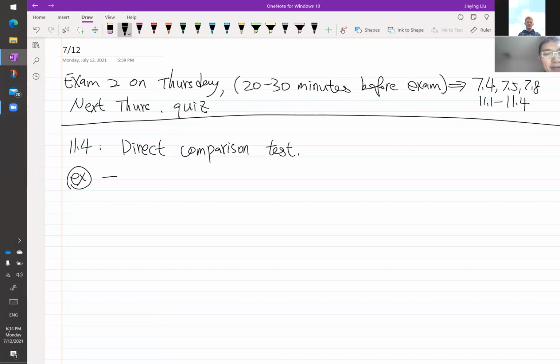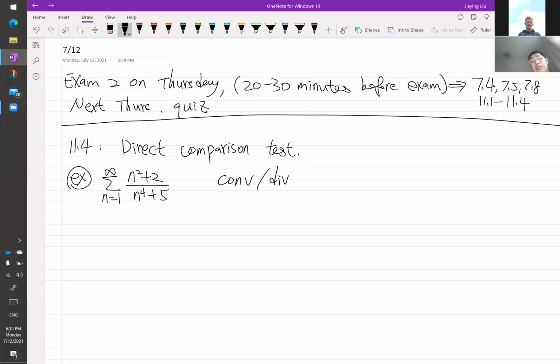The example I have is we want to know if the series from 1 to infinity of n squared plus 2 divided by n to the 4th plus 5 is convergent or divergent. That's what we want to know.